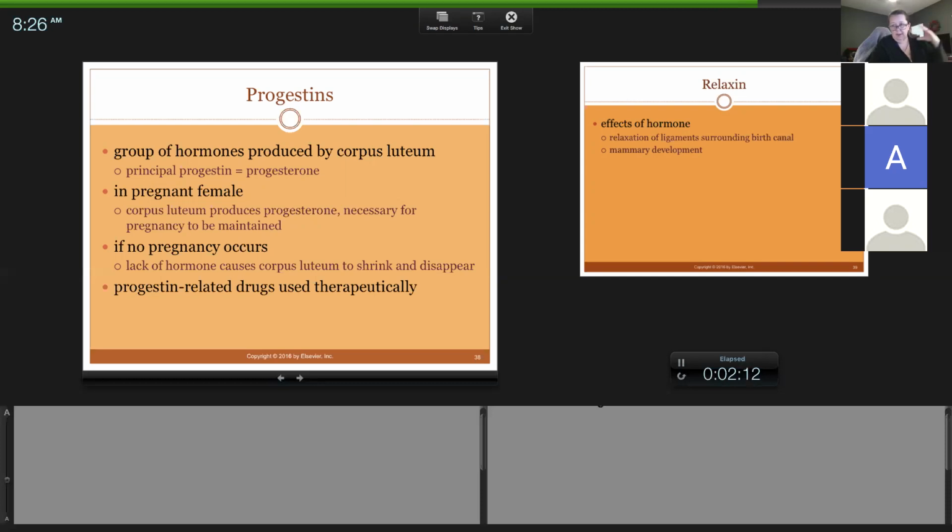As long as pregnancy is going on, that is going to stay intact. Now, you can use progesterone as an injection, and it can affect the cycle and it can affect pregnancy. But I'm primarily talking about progesterone that's natural in the body, naturally occurring progesterone. Okay, so remember, progesterone comes at the end.